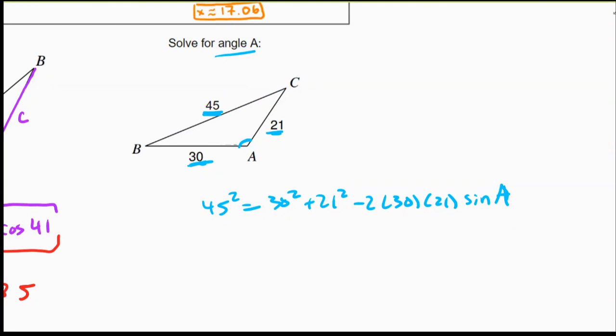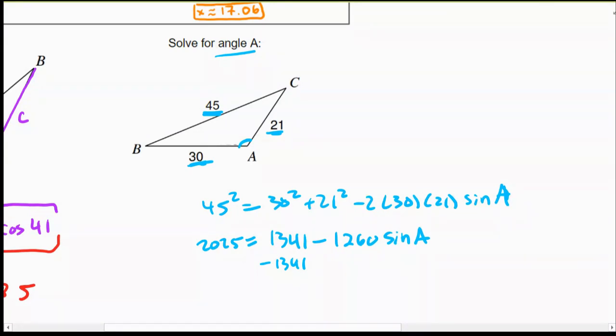45 squared is equal to 2025. 30 squared plus 21 squared is 1341. 2 times 30 times 21 is 1260, times sine of our angle. So first I'm going to subtract 1341 from both sides.